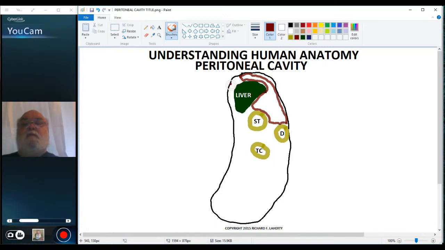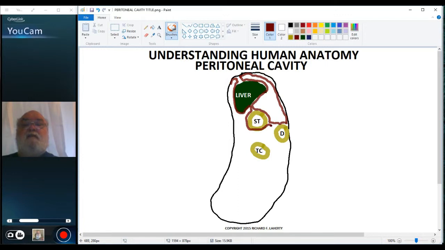Let me start on the body wall, and the other half of the falciform ligament. Again around the liver, other half of the lesser omentum.